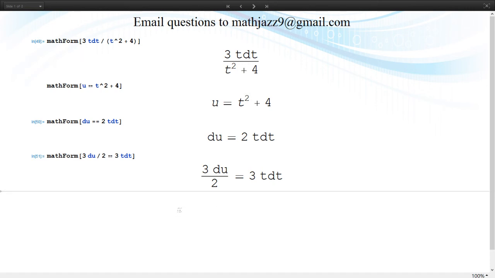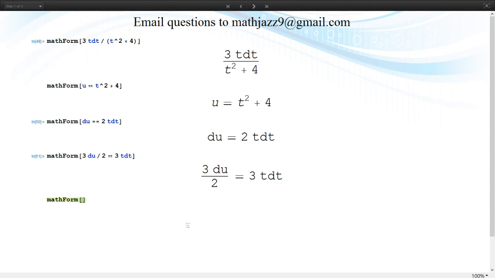And we can now substitute into our integral, which next week I promise to have integral signs that I can do on Mathematica. But for now, we'll just have to imagine a nice, beautiful integral sign right in front of this fraction.